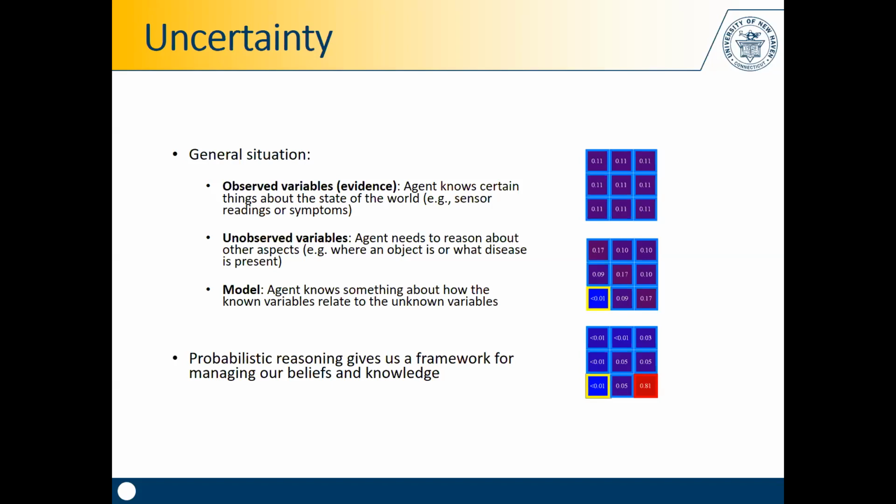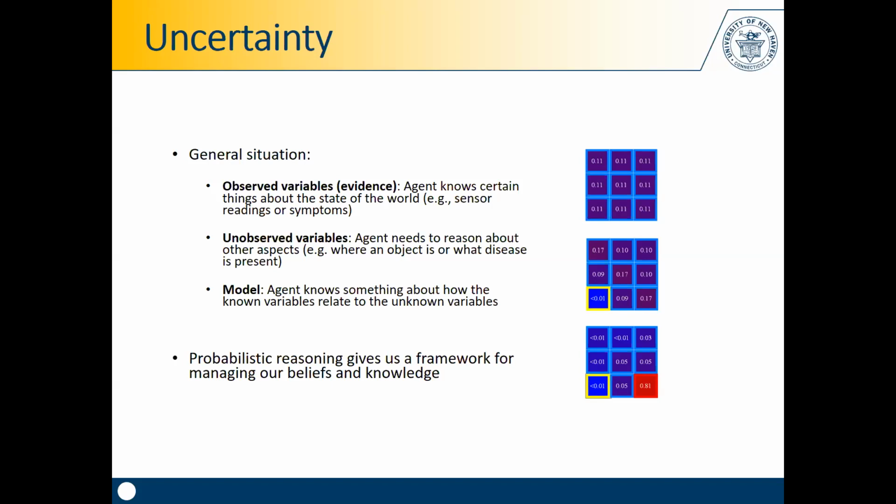Now, the framework and the tool set of probabilistic reasoning gives us the means for managing our beliefs and knowledge given the evidence and the unknown or unobserved variables and the model.